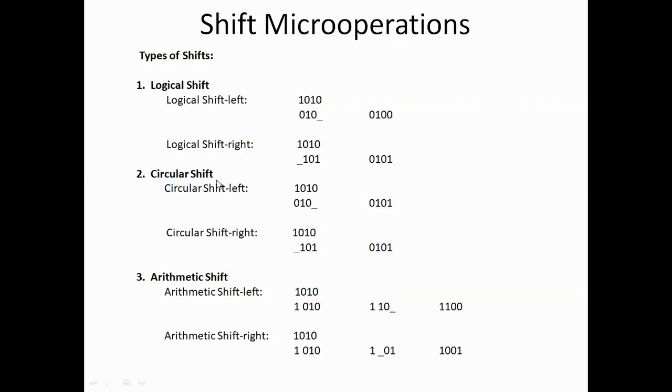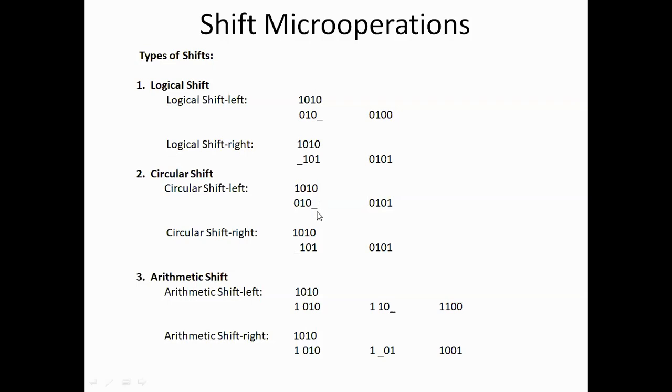The second is circular shift. The shifting is done in a circular way. If I have to do a circular shift left of these bits, I will shift them towards the left. So this 1 will go out, this 0 will come at this place, this 1 will come at this place, and this 0 will come at this place, fine.